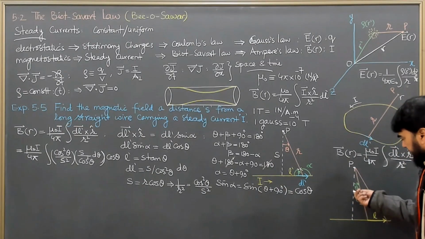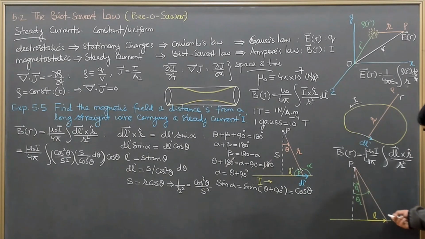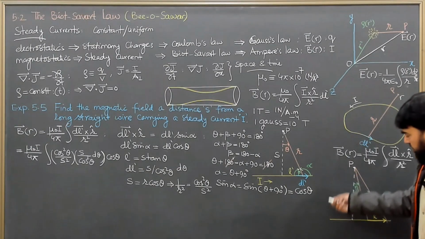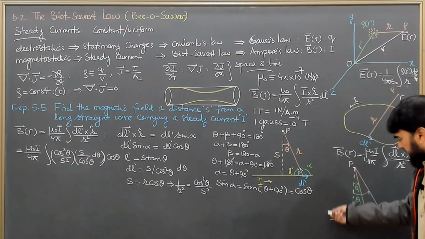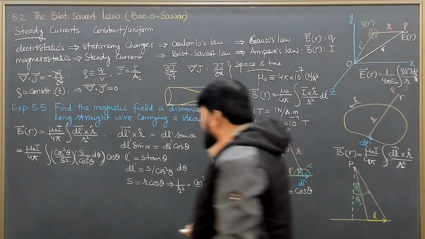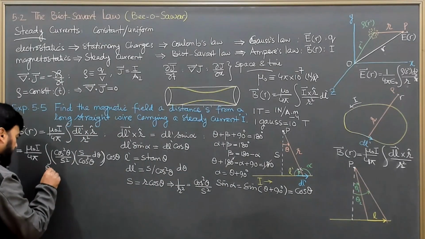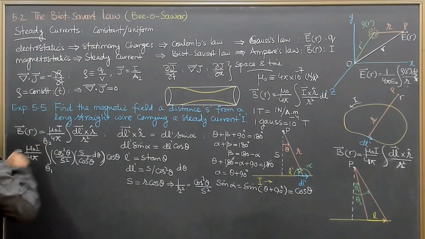So the angle theta starts from the theta 1 value, and then it will span the whole wire and reach theta 2. So our integral is having the limits from theta 1 to theta 2.